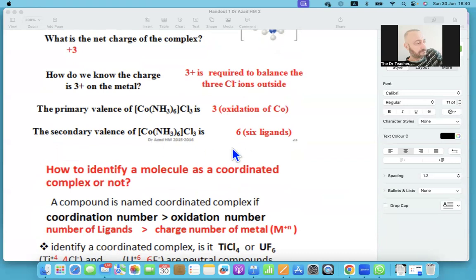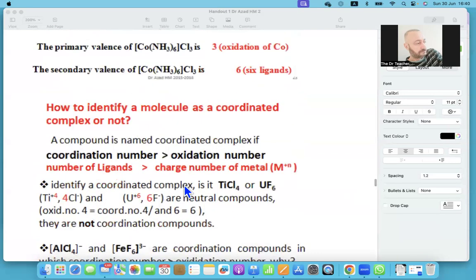So now, how to identify a molecule as a coordinated complex or not? This is a very good question: how can we identify the molecule? Is it a complex or not? Is it a coordinated complex or not?